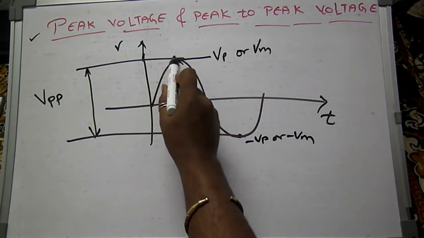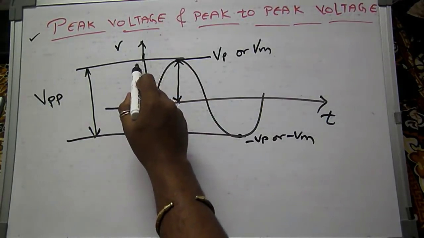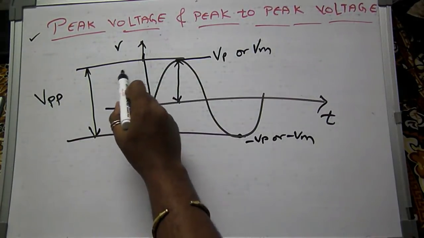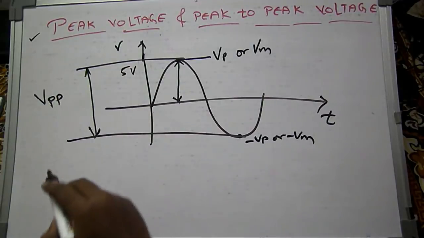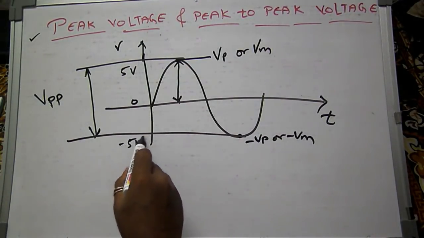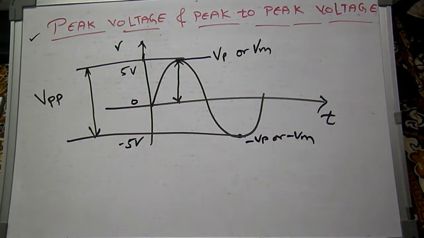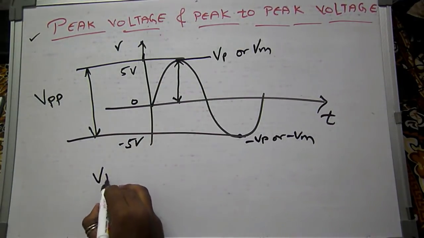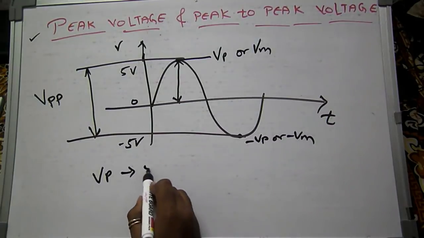Suppose this point in AC is 5 volt, this is 0, and this is minus 5 volt. So Vp in this case will be 5 volt.